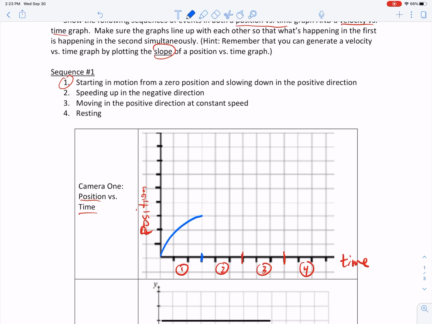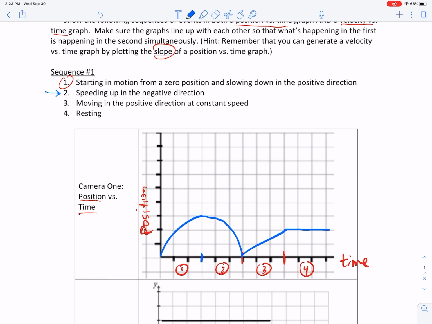All right, then number 2, speeding up in the negative direction. That looks like this. Then number 3, moving in the positive direction at constant speed. That would be something kind of like this. And then number 4, resting, means constant position.